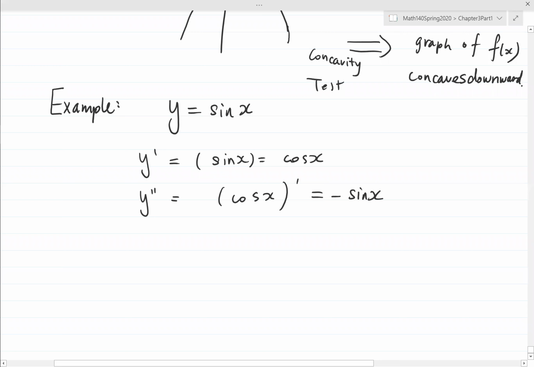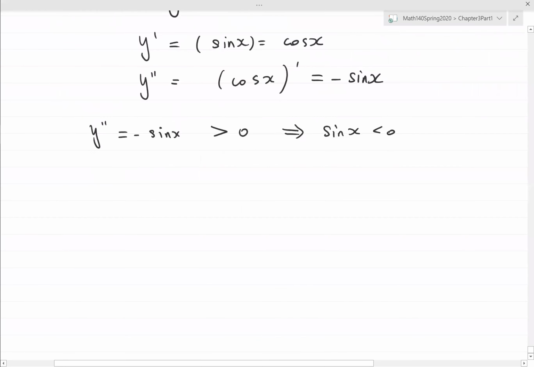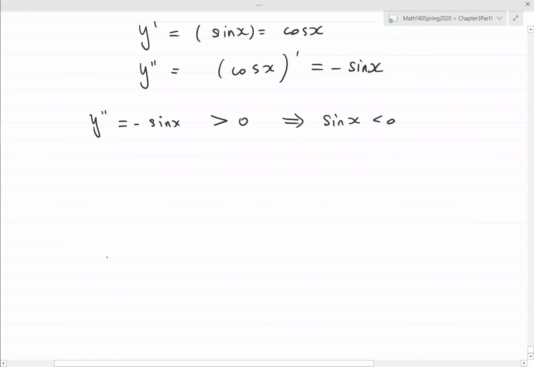Then we find the concavity. When the second derivative is negative sine x, if this is positive, then this implies sine x is negative. When sine x is negative, we just plot one period.